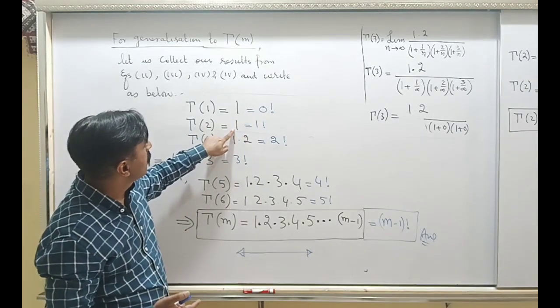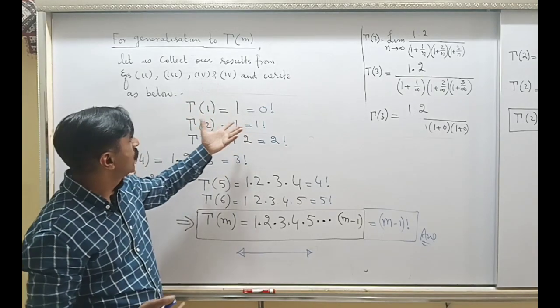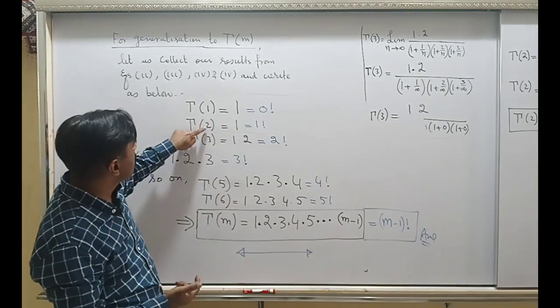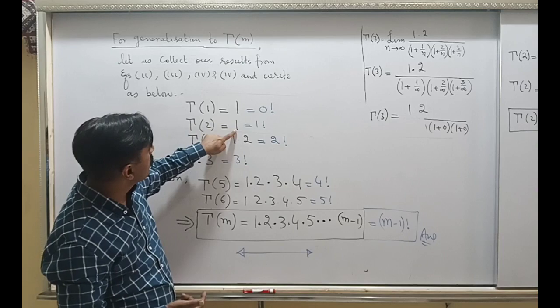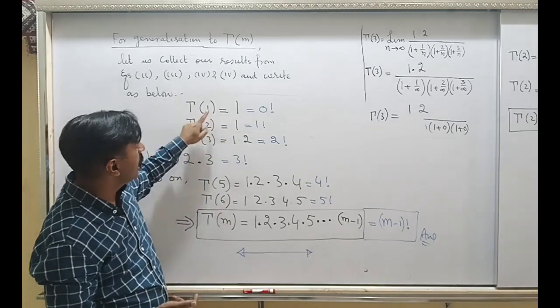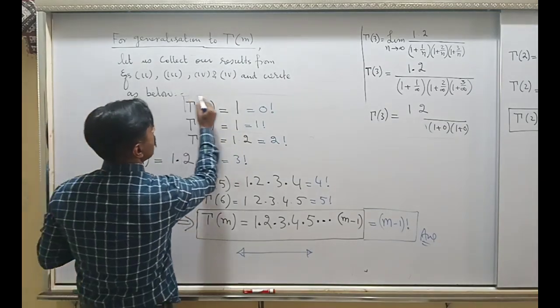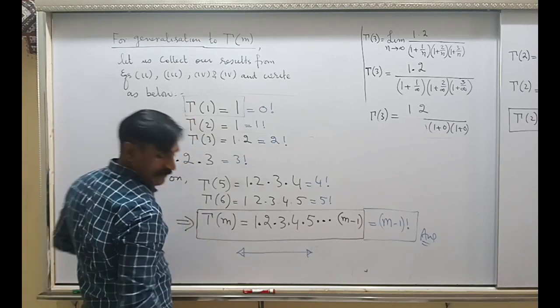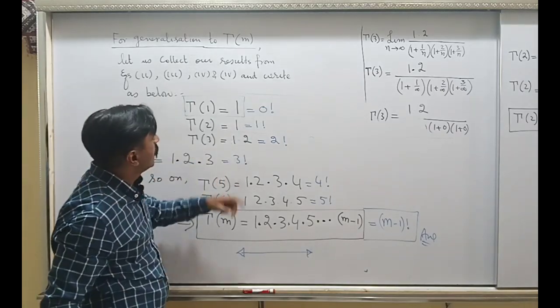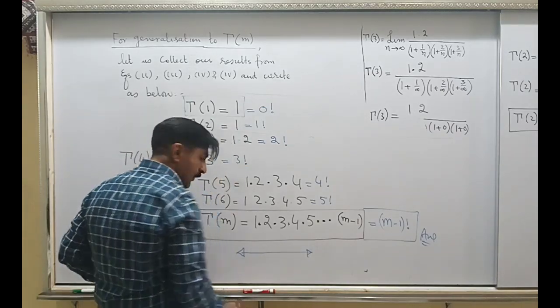If it is 1, this is gamma 2. So gamma 2 is 1 factorial, 1 less. Gamma 1 has a special value, so you should not use it here.